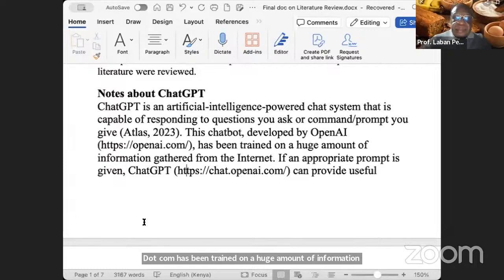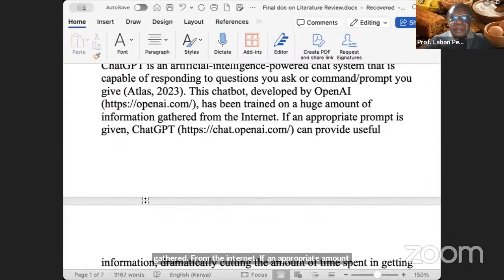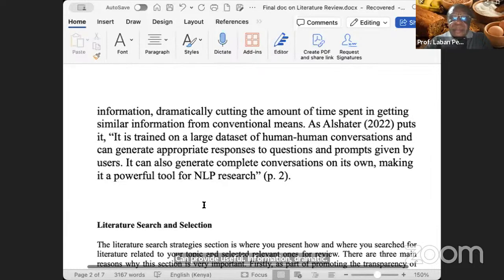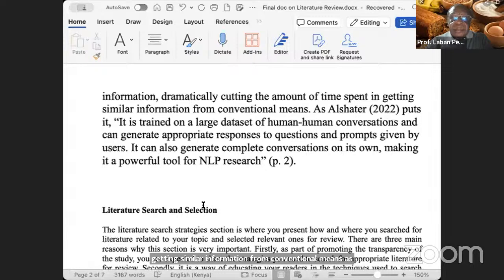If an appropriate prompt is given, ChatGPT can provide useful information, dramatically cutting the amount of time spent in getting similar information from conventional means. As Al-Shatter (2022) puts it, it is trained on a large data set of human conversations and can generate appropriate responses to questions and prompts given by users. It can also generate complete conversations on its own, making it a powerful tool for NLP research.